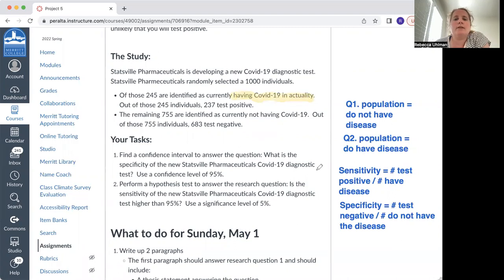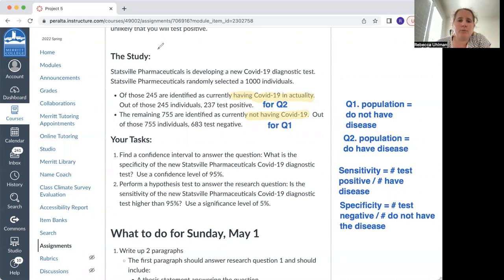That is our population that does have the disease, so this is what we wanted for question 2. Versus the 755 identified as not having COVID-19. That population is those who do not have COVID-19, so this is the information for question 1.